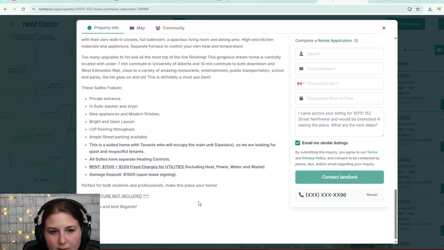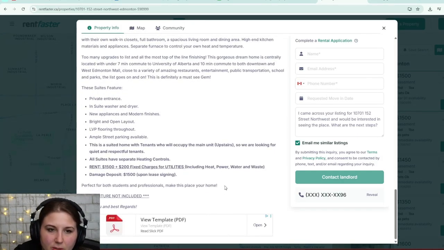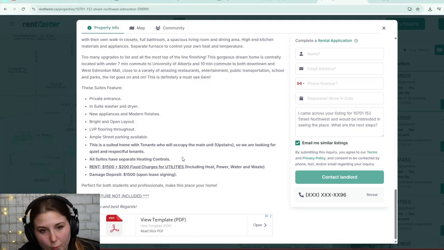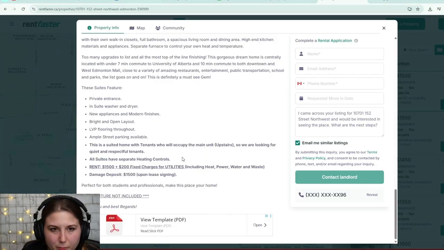So you can't do that unless everybody has their own meters for their utilities. You can still get MLI Select funding if the meters aren't separate, but you aren't going to get as high of an LTV, so you're going to have to put more down. I don't know how much more down, but you are going to have to put more down to ease their perceived risk.